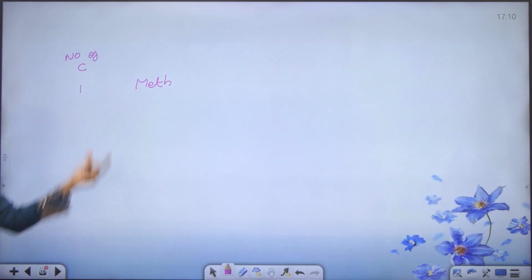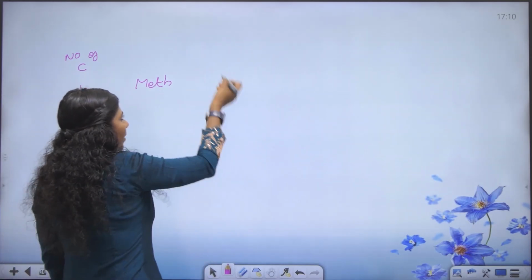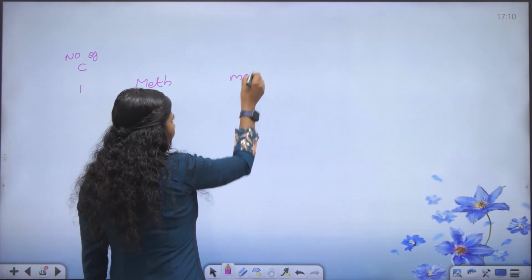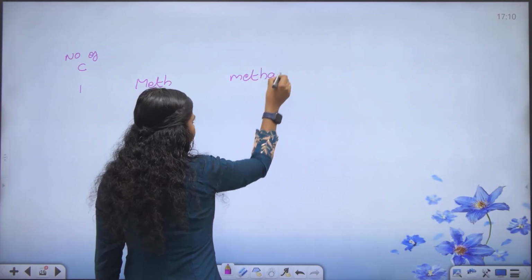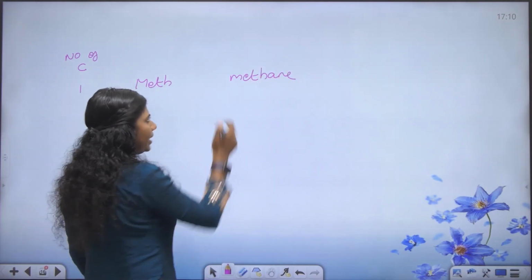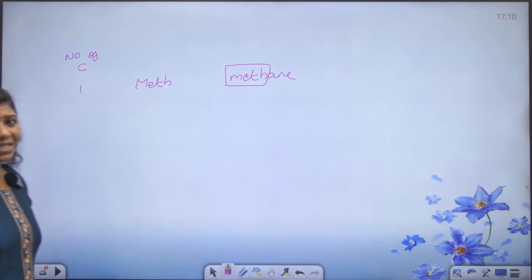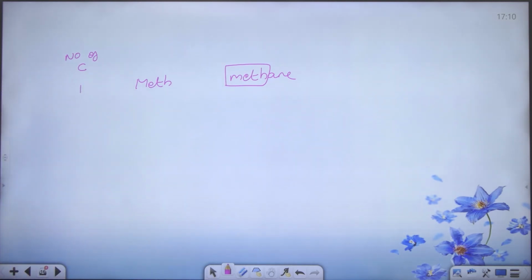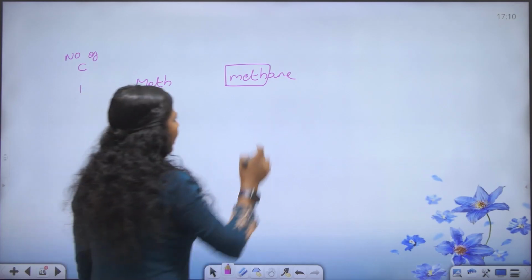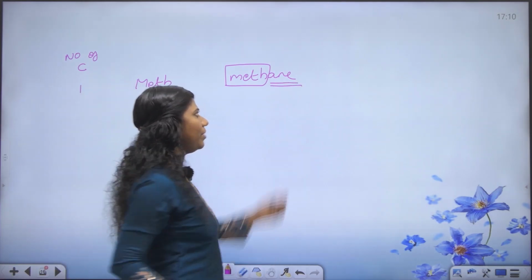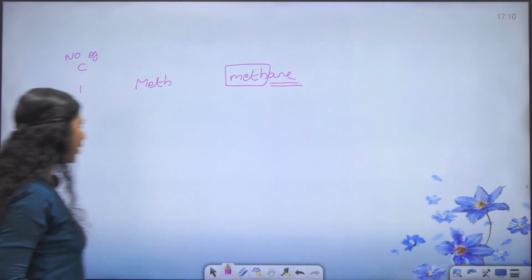If it is a single bonded compound, the name ends with ANE, so the name of the molecule is methane. The word root meth means the compound contains only one carbon atom, and the name ending with ANE means it's a single bonded compound: methane.